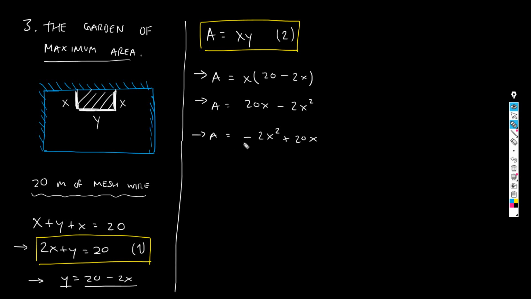It says the area is equal to minus 2x squared plus 20x. What is x? X is one of the sides of my garden. And if I understand the concept behind functions, I can say that the area of this garden is a function of x, right?